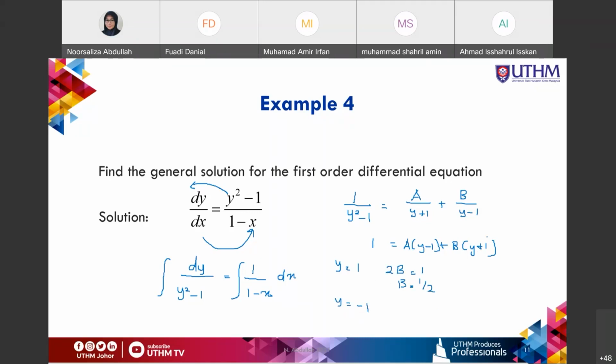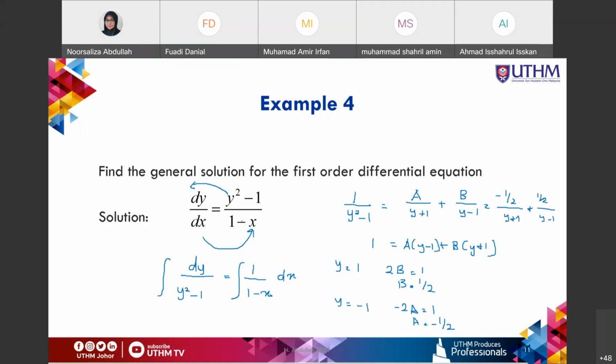If y equals to minus 1, B term equals to 0, and A is multiplied by minus 2, so minus 2A equals to 1. Then A equals to minus 1 over 2. So now you have A and B. You put A and B back inside here, then you will have minus 1 over 2 over y plus 1 plus 1 over 2 over y minus 1.